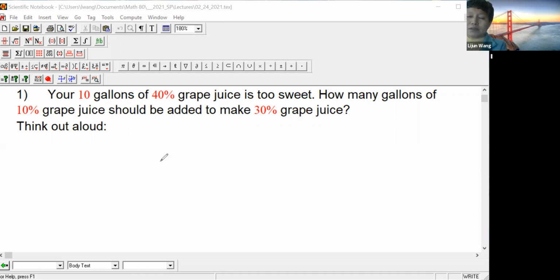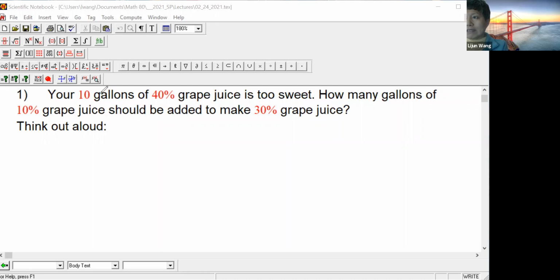There are different kinds. We have 10 gallons of 40%. And we don't know how many gallons of 10%. And we don't know how many gallons of 30% either, right? 10 gallons of 40%.